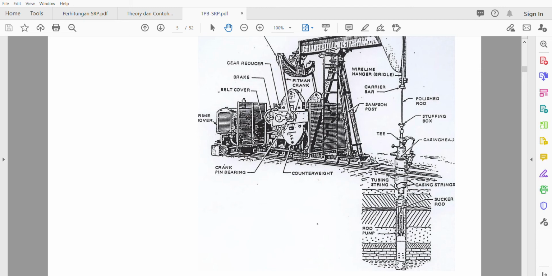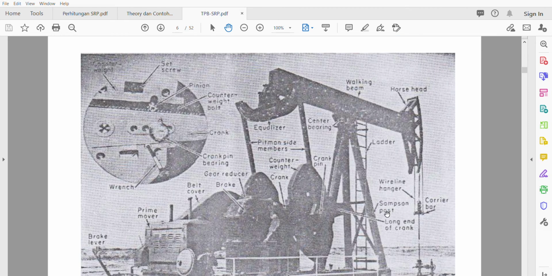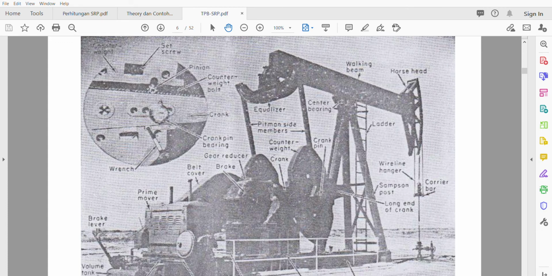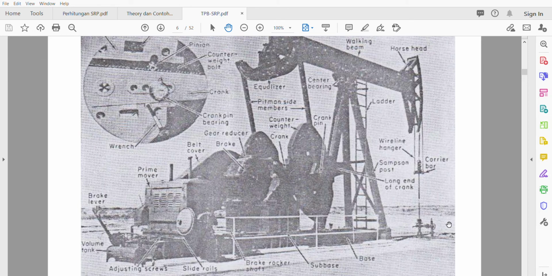The rod pump itself is at the bottom. There's a rod, connected to the polish rod, and after that is the pump. This is another view from another slide. This is the base, the sub base. It takes a long time to build the base here, so it is very big.